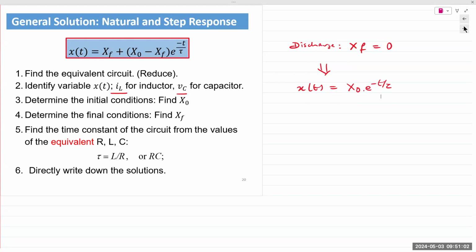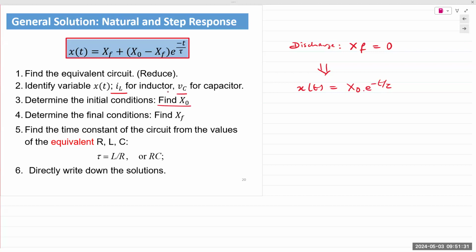So setting up the problem in this case is not just 50% of the work, it's almost all of the work, because after you set up the problem correctly, plugging in the values and performing a calculation is rather straightforward. You determine the initial conditions, find x0. Finding x0 simply means you have to understand what the circuit and the words of the problem statement are telling you.